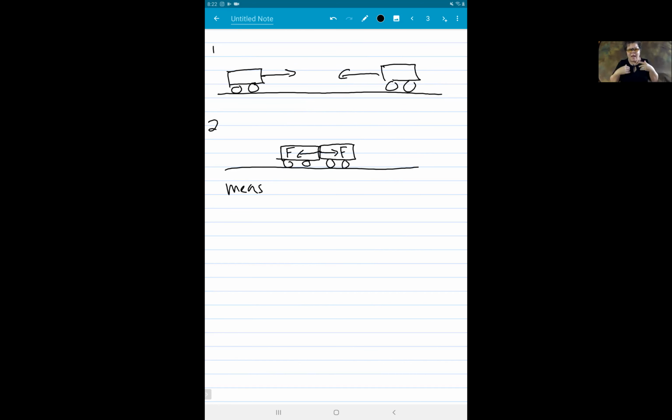So let's say this is cart A and cart B. This little force here is like, let's say force A, and this little force is force B or something like that. Measure force exerted during collision.